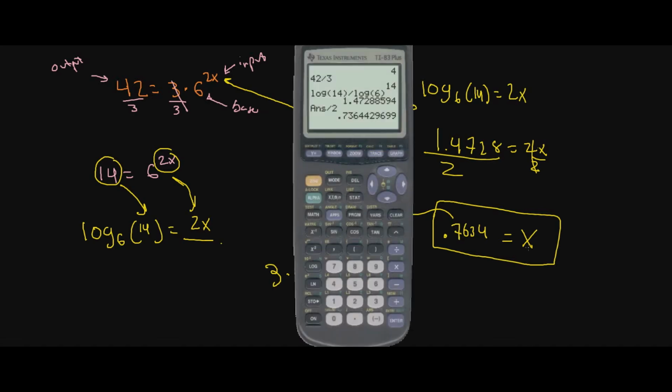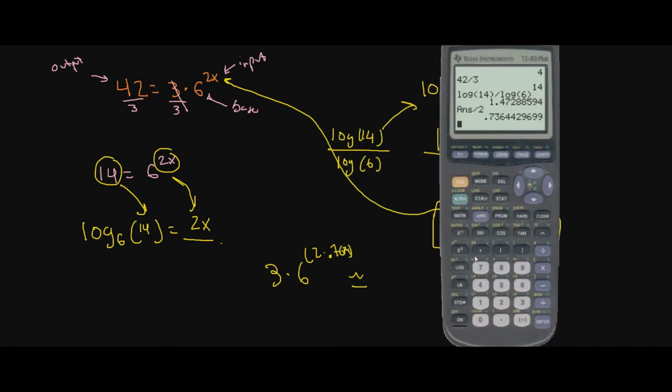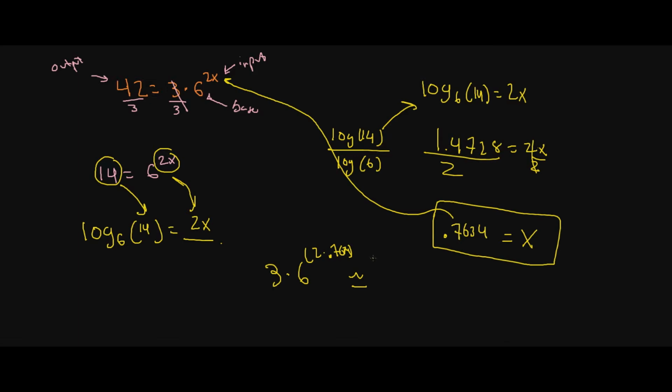All right, so let's go ahead and do that right over here. 3 times 6 raised to, and I'll just put a set of parentheses, 2 times 0.7364, and we better get close to 42, right? 41.999. We're getting pretty close to 42.